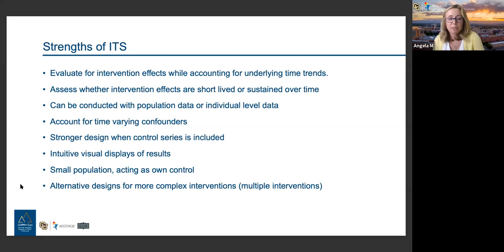The figures that I showed you are great because they're an intuitive visual display of results. They help with facilitating the analysis, as well as communicating the results to others. The longitudinal nature of the data, especially for the population data, allows these populations to act as their own control. So you can use it with smaller populations. You need more time points, but smaller populations don't seem to be as much of a problem.